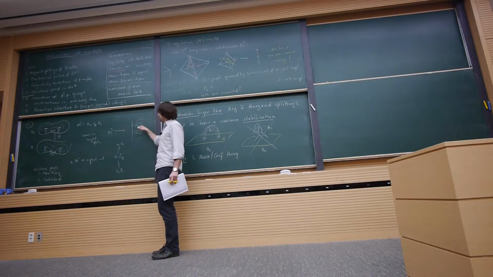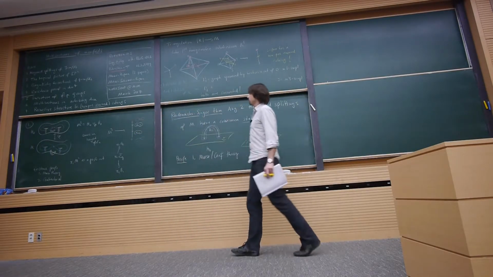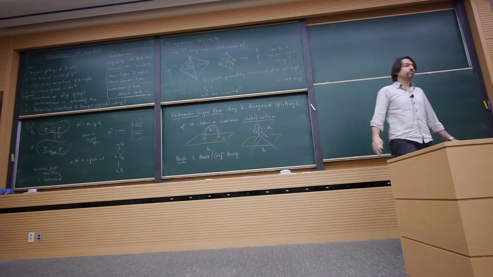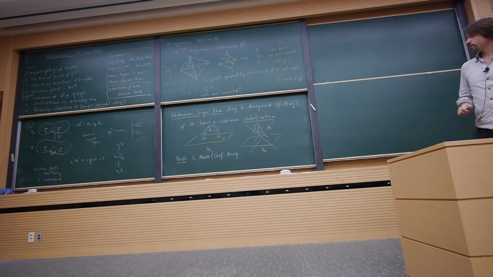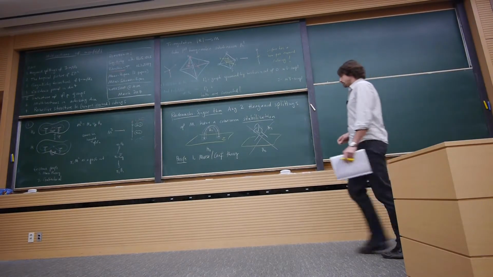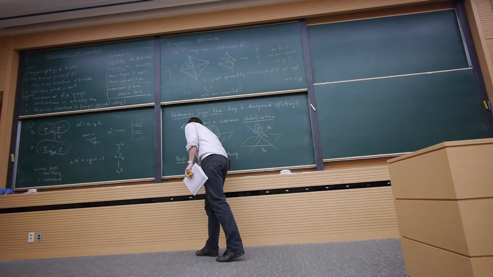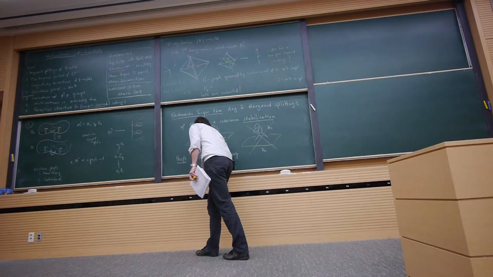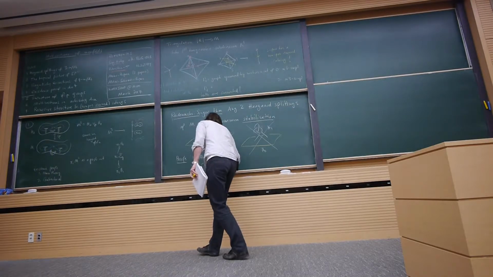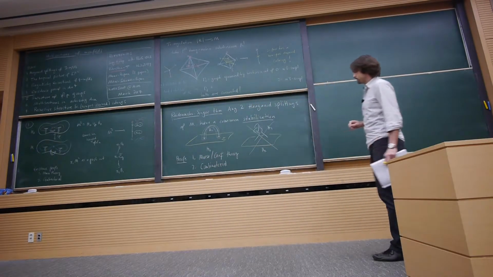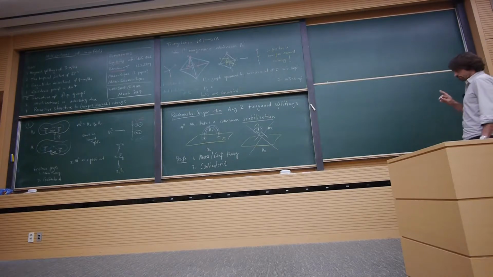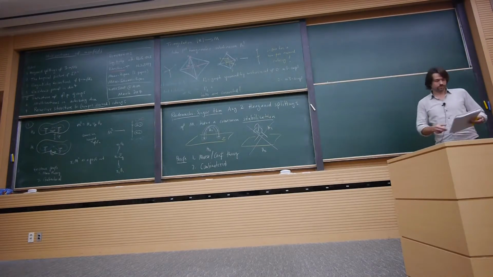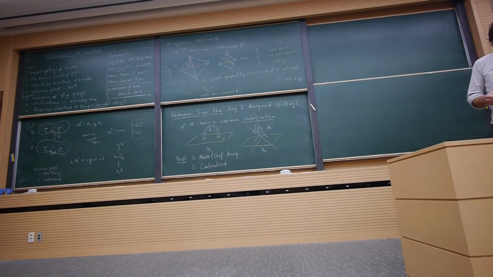Then topologically you can realize this as a sequence of these kinds of stabilizations. The classical proof is combinatorial, but I will not give this proof because it is irrelevant for what we do.